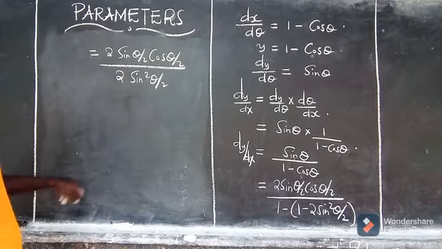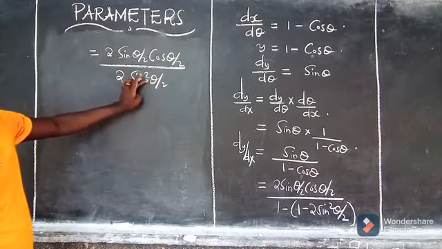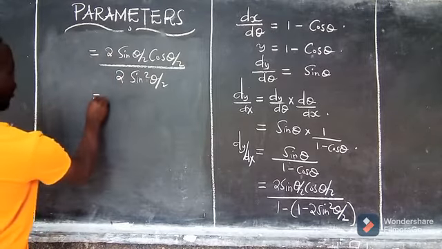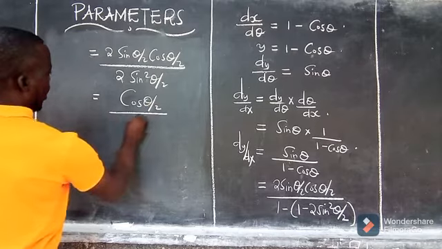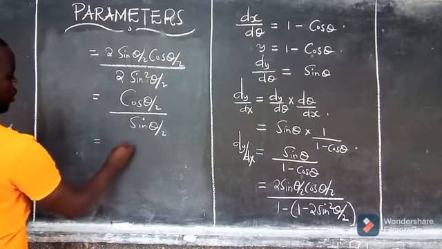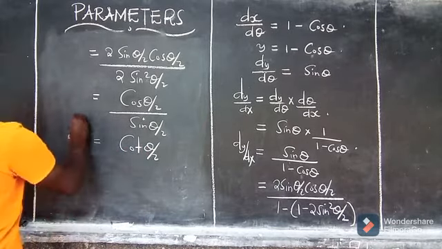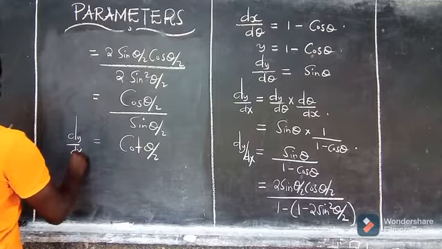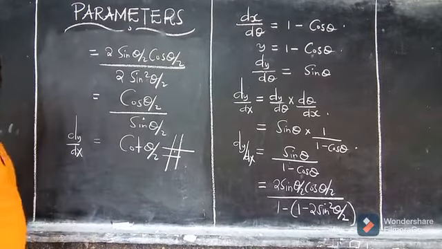The 2 and 2 cancel, and sine theta out of 2 can reduce with this, so that we remain with cos theta out of 2 divided by sine theta out of 2. This is the same as cot theta out of 2 that they wanted. So we can now confirm that dy/dx is indeed cot of theta out of 2.